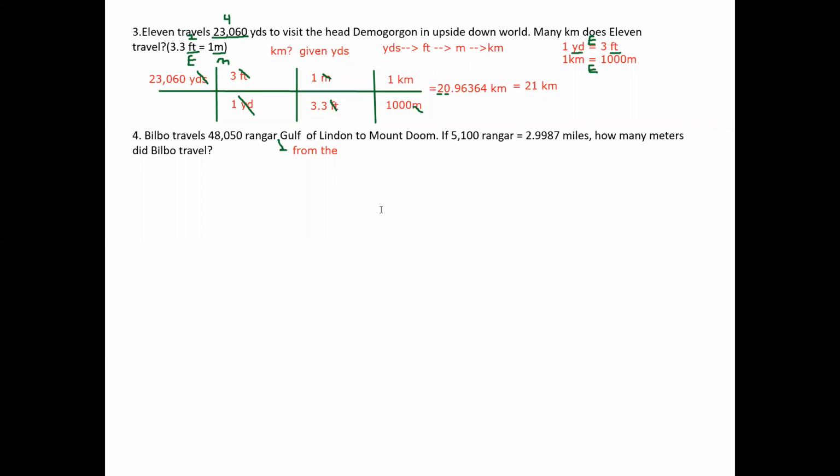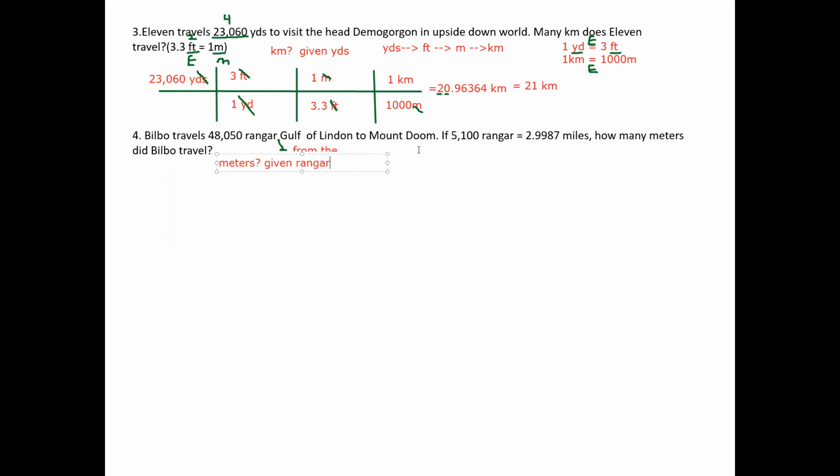If 5,100 Rangar equals 2.9987 miles, how many meters did Bilbo travel? So here what we're looking for is meters. So how many meters did he travel?